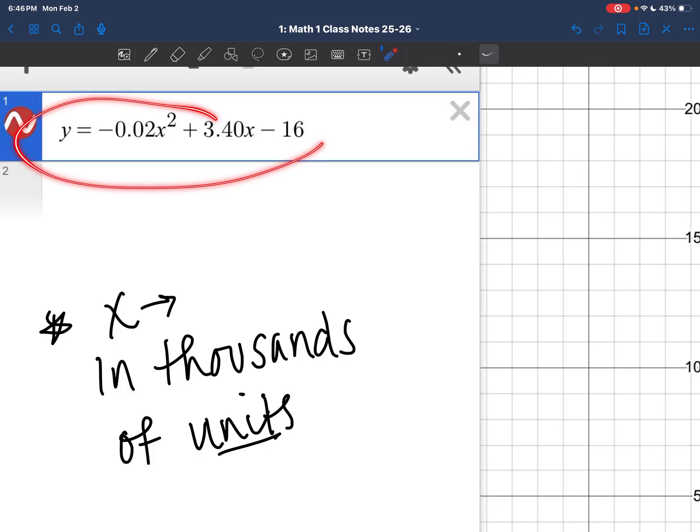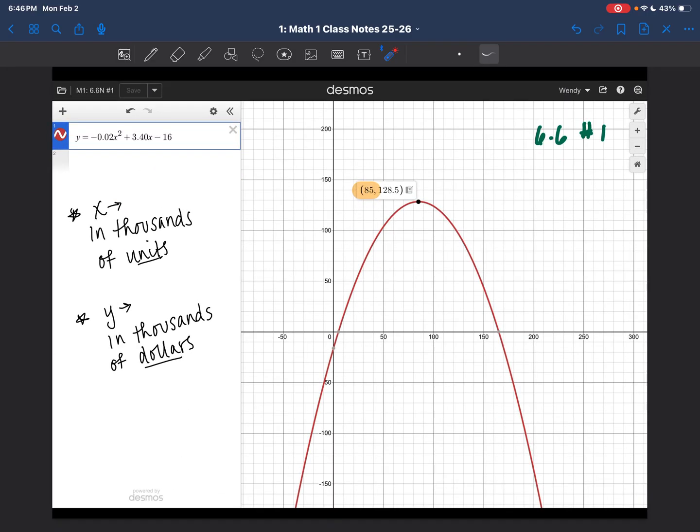So I typed in this equation, and when you press enter, it's going to give you the graph here. Since we want to maximize, we're looking at the DVDs, so that's going to be your X value for this. When you're looking at your X value, don't forget your X is in thousands of units, so those are your DVDs.